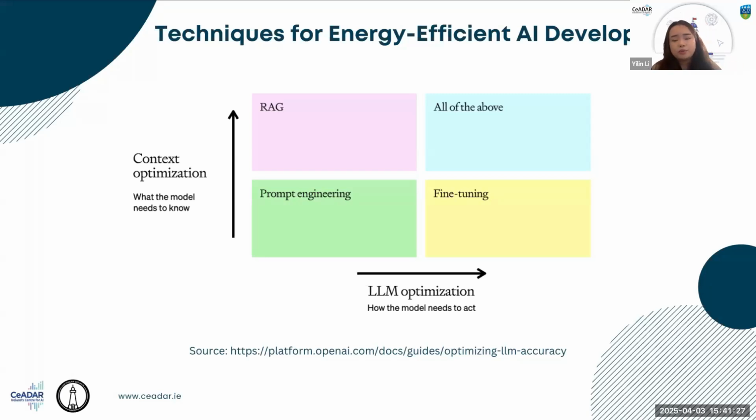And if you want to improve how the model acts, you might use fine-tuning or an advanced method like LoRA. And of course, you can combine them both to get better results without always needing a bigger model. So this is smart optimization, which helps you improve performance, reduce energy use, and choose the most efficient path for your problem.